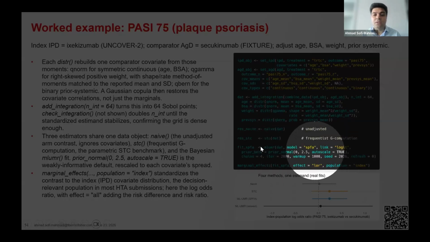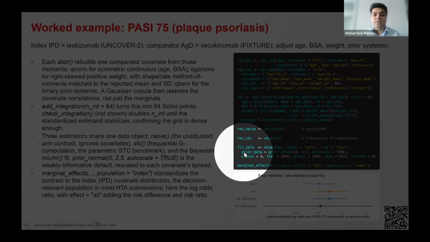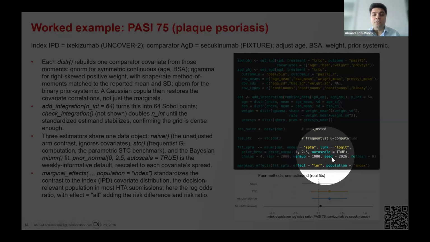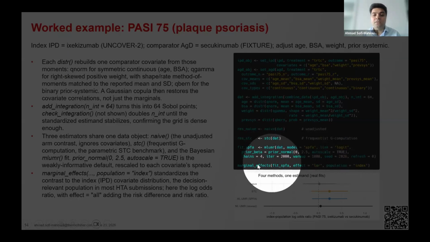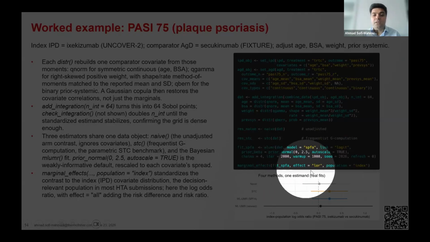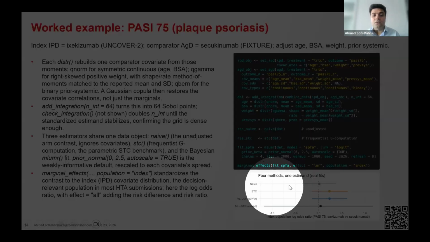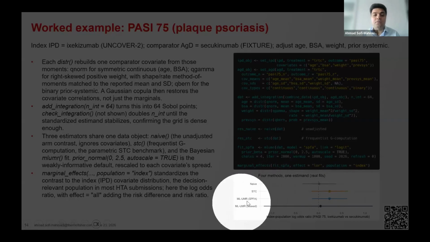Here, we can also set the prior distribution that you want to use, which by default is normal with mean of 0 and SD of 2.5, and 4 chains, 2,000 iterations, of which 1,000 are for warm-up, and then seed and everything. And then we extract the data using the marginal effect. In this forest plot, you can see the results for all the benchmarks and the fitted model of mlumr.